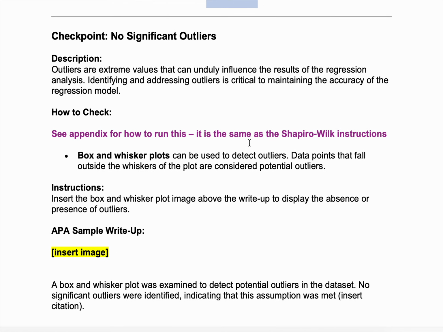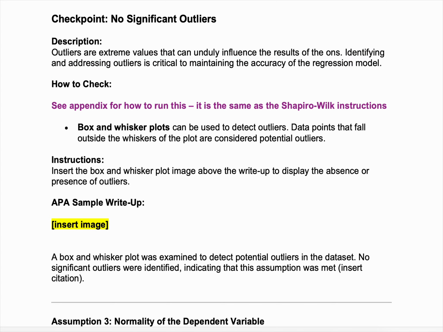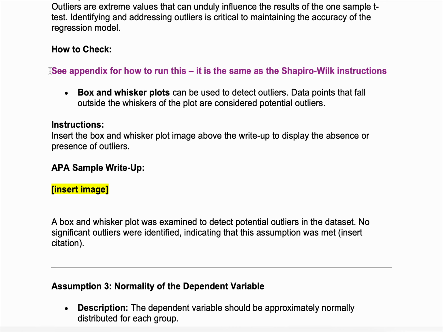Just like every other inferential statistic, we have to look for outliers every single time. Especially in the one sample t-test, outliers can really influence the result of what's being done here. So it's very important that we do look at the outliers. And so to identify and address them, you're going to go to the appendix and follow the directions for the Shapiro-Wilk.